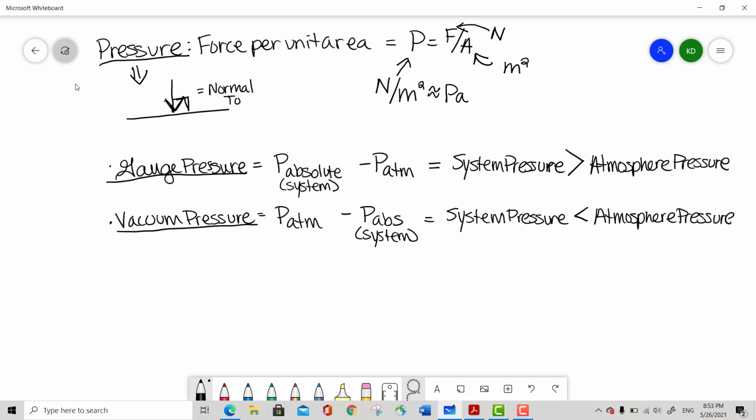And then what do we mean by system pressure? These are your two types, but also note that your system pressure is your gauge plus atmosphere. So just something to note on here.